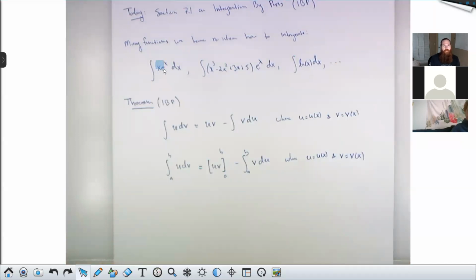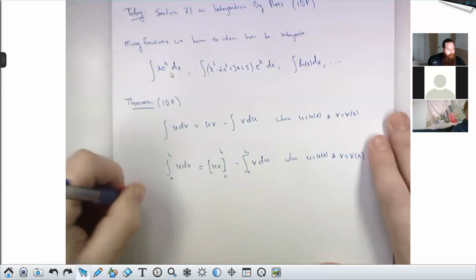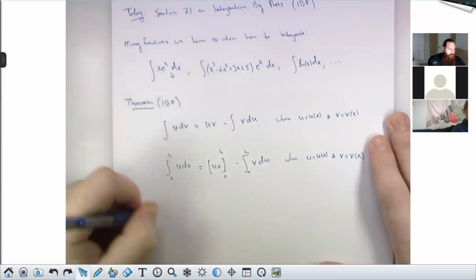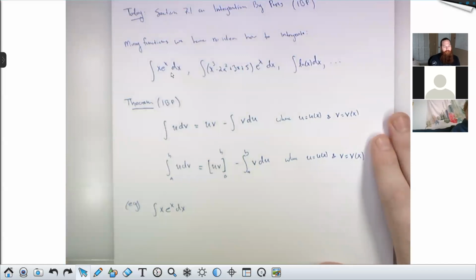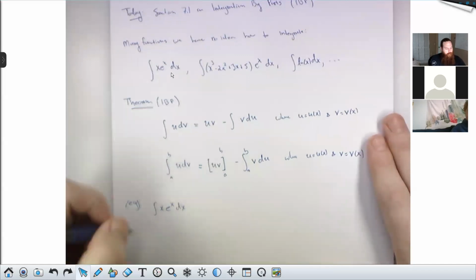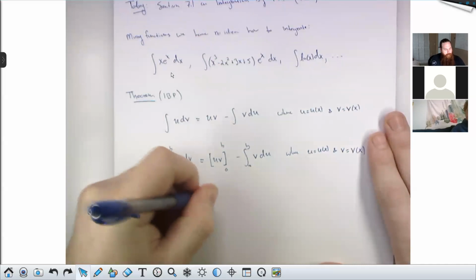This thing I would differentiate with the product rule if I was going to differentiate it. So integrating it, my first thought is integration by parts. So for example, I would like to do the integral of x times e to the x dx. The way I'm going to do this is by making an IBP table.